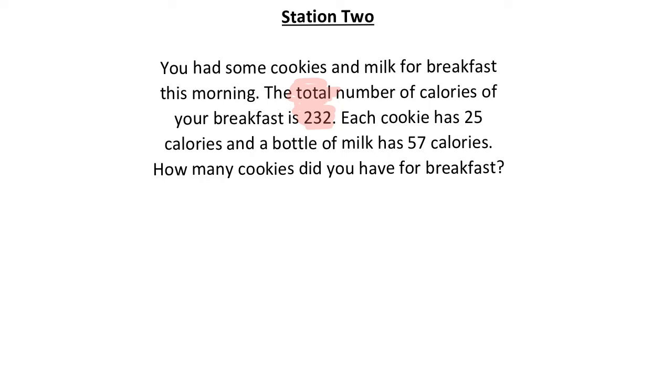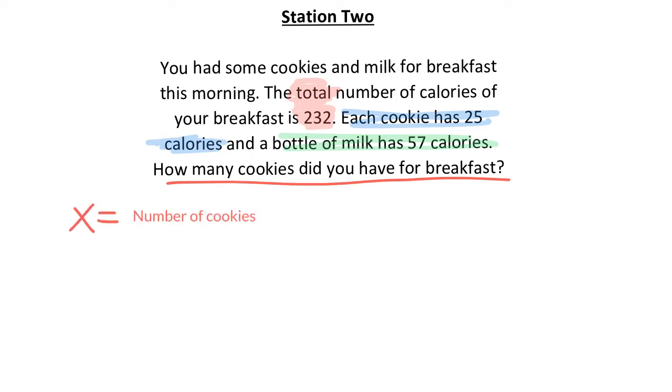It says each cookie has 25 calories, so I'm going to highlight that as a key piece. And a bottle of milk has 57 calories. And they're asking me the question, how many cookies did you have for breakfast? So that's a great place to start for my X value.